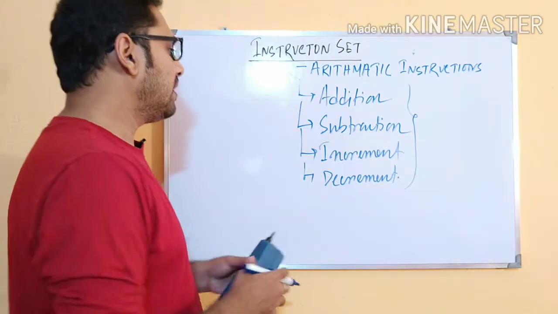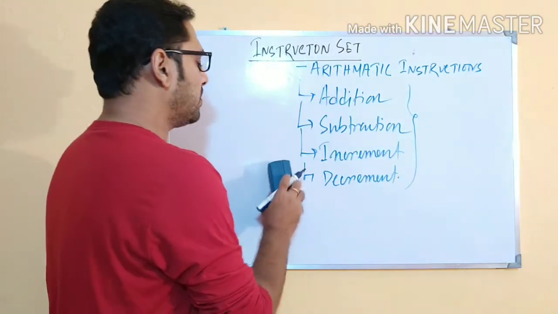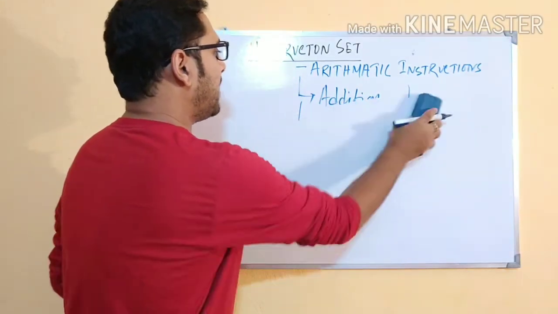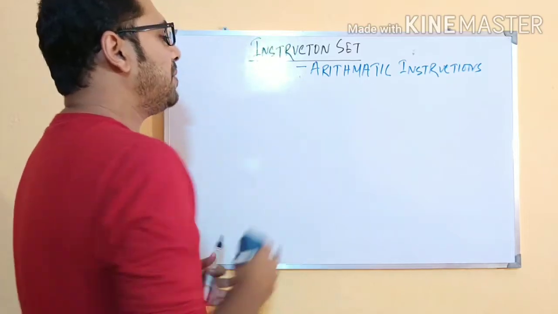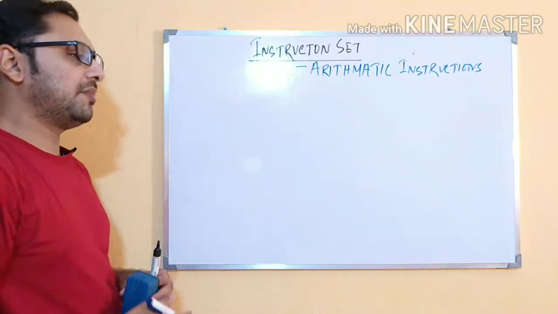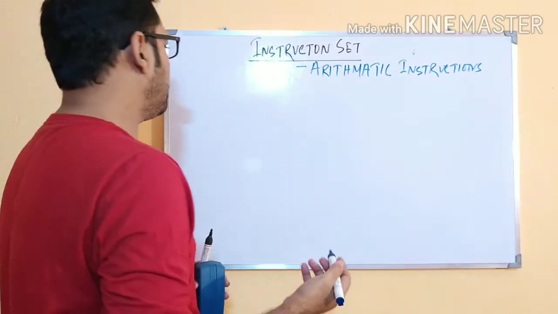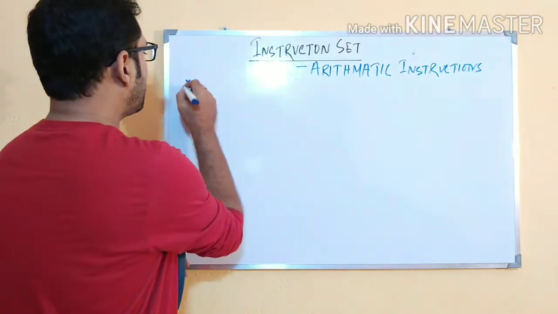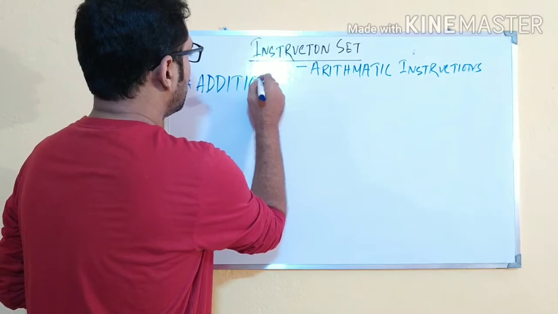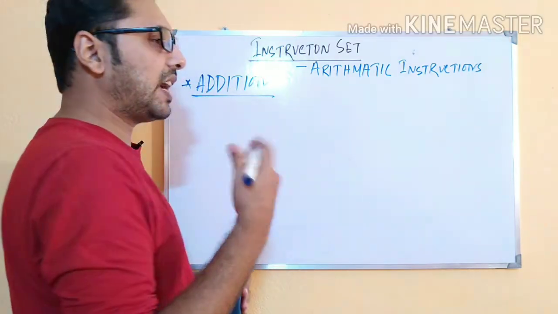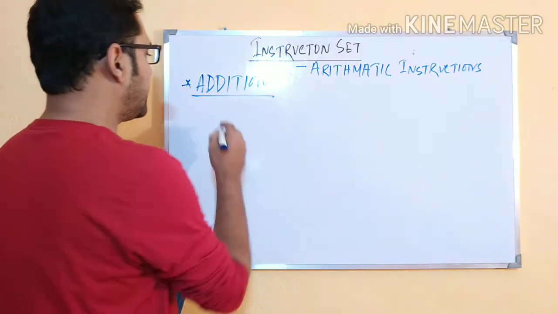Now we will try to explain all these 4 gradually, starting from addition. So to perform addition between 2 registers or register and memory and register with immediate data means, if I talk about addition, I can perform 3 type of operation here also. What is that?